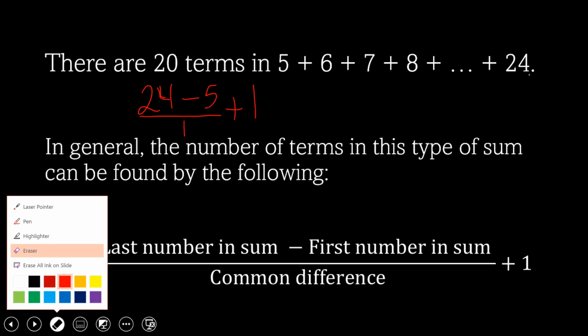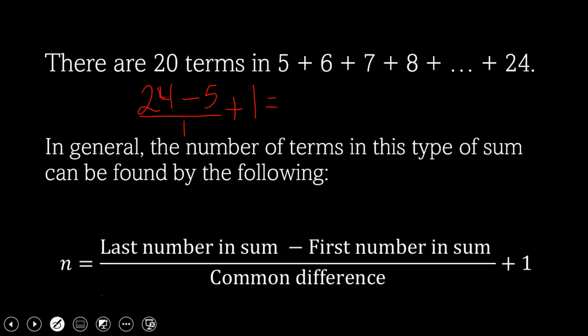Okay, so in this case, you could just count it. You can verify the math all you want to. If you want to just count, there's 1, 2, 3, all the way up, counting in between the ellipsis. But there will be 20, and the more terms you have, this formula comes in real handy.